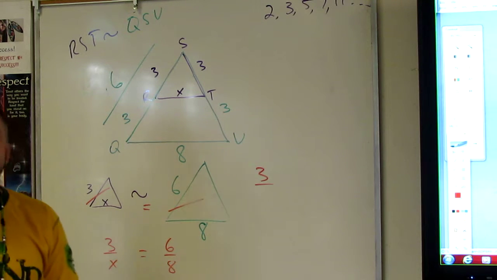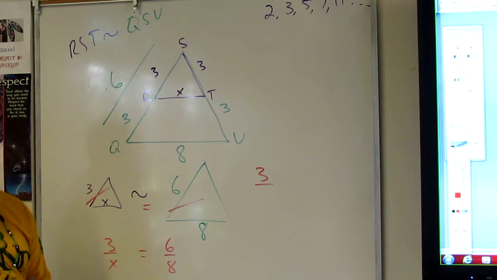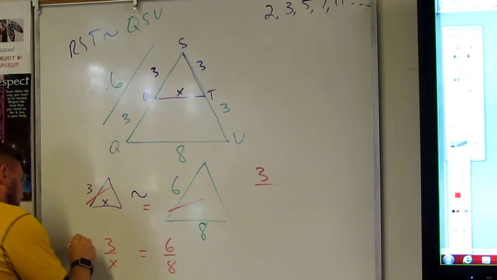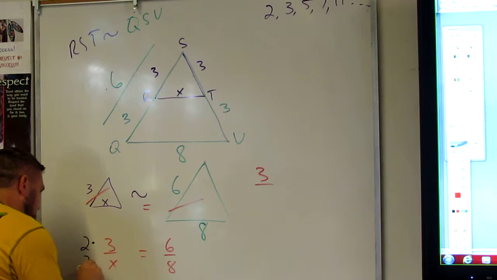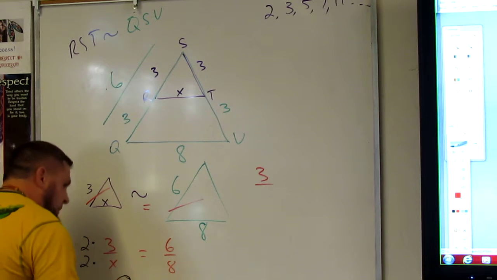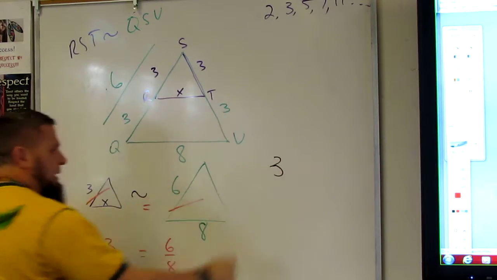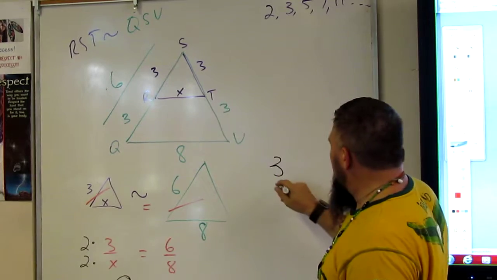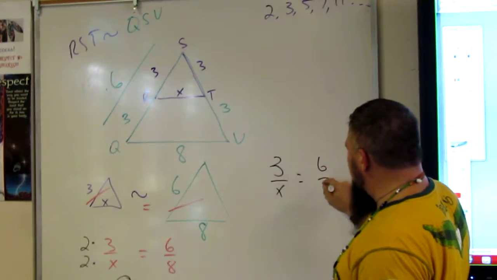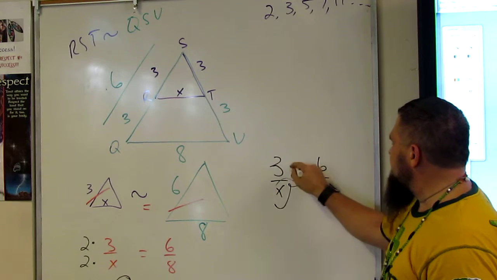Now watch, I'm going to do this even easier. What times 3 is 6? 2. So 2 times what is 8? 2 times 4. So x is 4. Again, I could go 3 over x equals 6 over 8 and do cross multiplication.